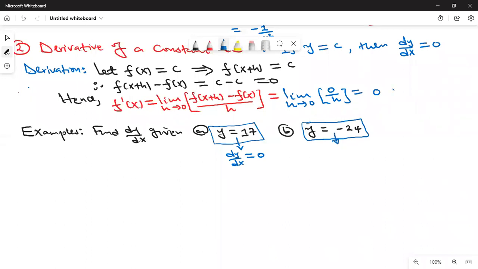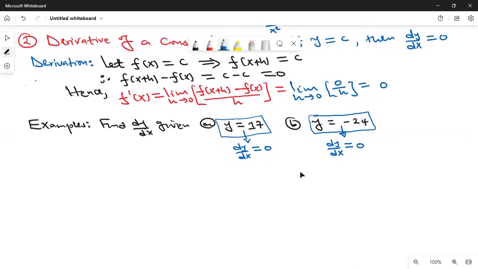So when you differentiate that, you get dy/dx is equal to 0. Both of them are constants. So that's what you need to take note of, that when you have a term that is simply a constant, does not depend on x, and you're differentiating, then your result should always be equal to 0.